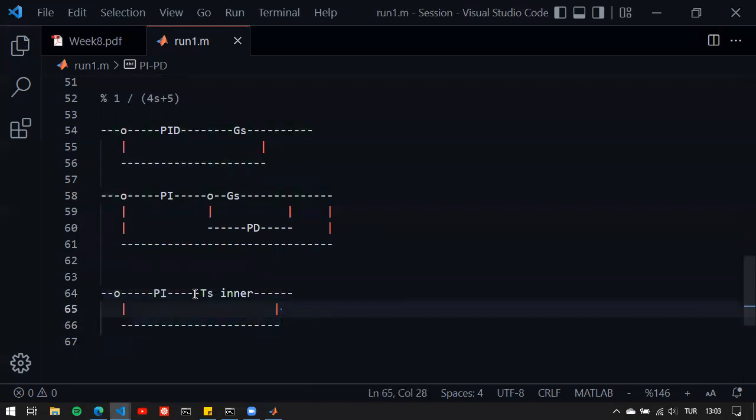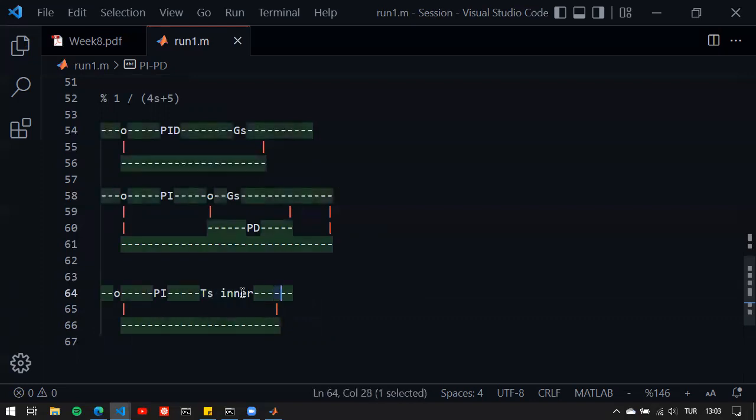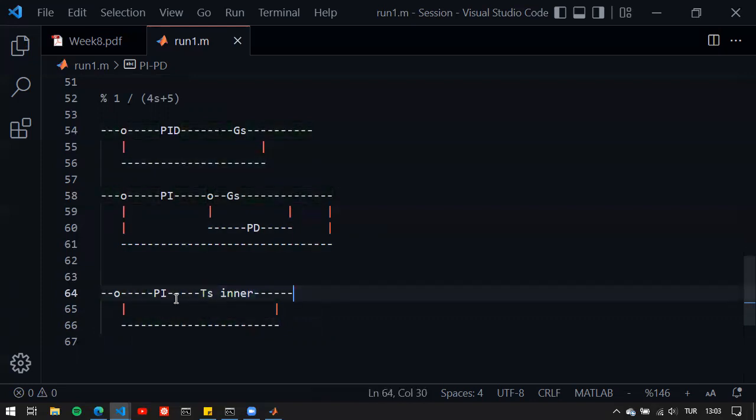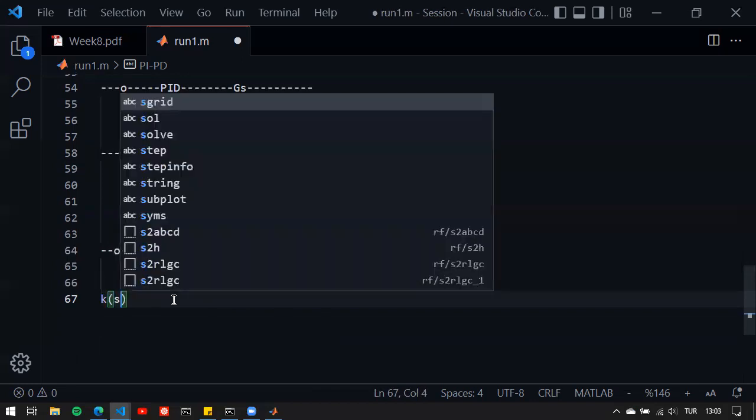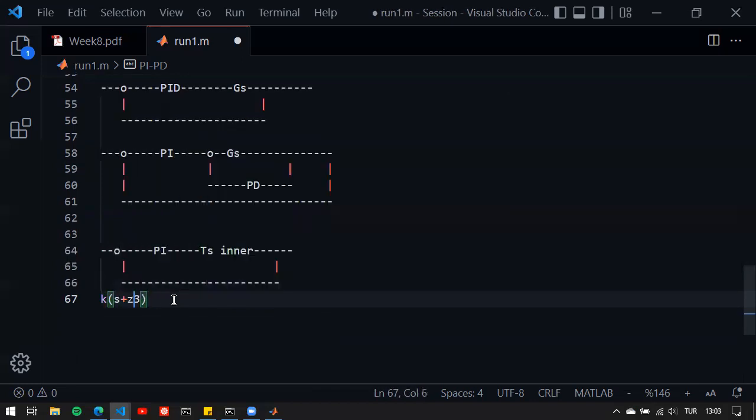But if we calculate the closed loop, we'll use this here. Now, since this has no zero in its transfer function, we'll then use the PI controller, calculate the closed loop, and what we will end up with is basically 1 zero and the characteristic polynomial. So this would look like this: K times S plus, let's say, Z2, divided by PCS.